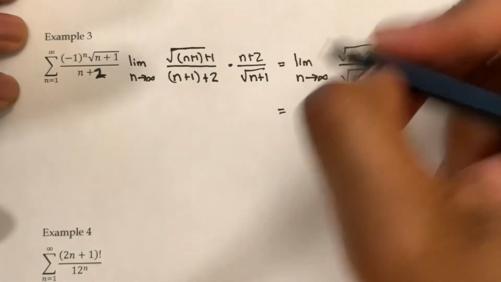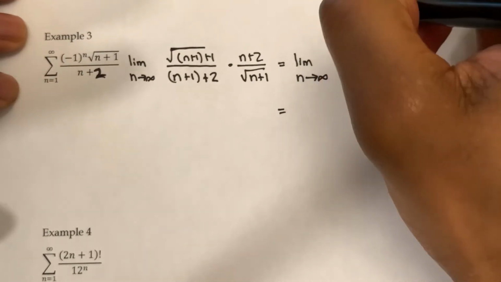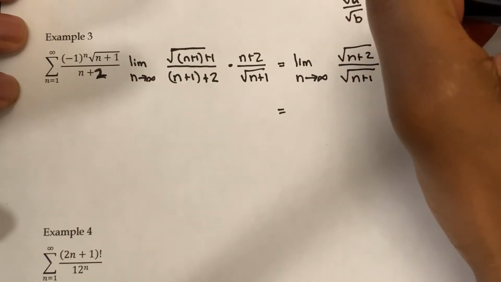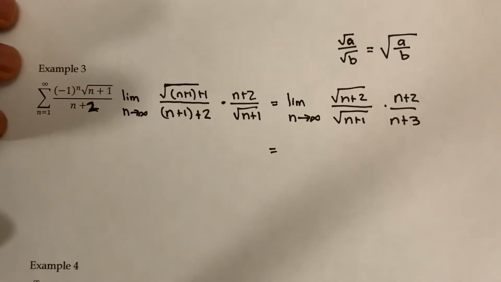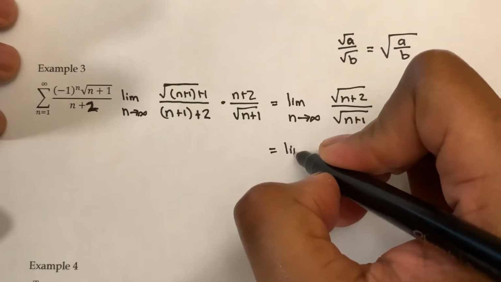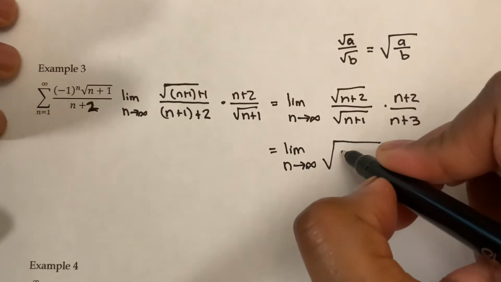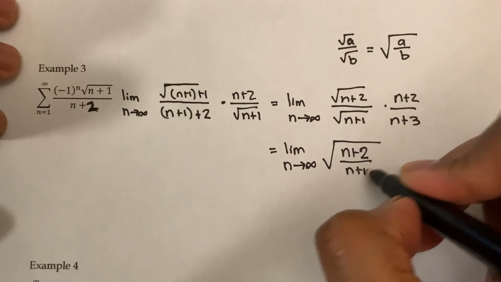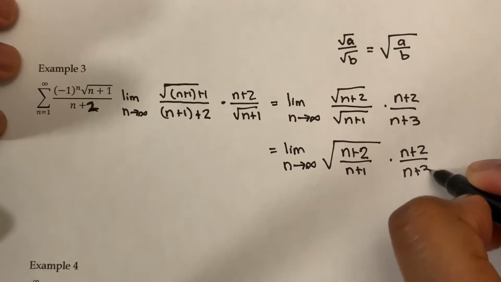Now, a property of square roots is, I'll show you up here, the square root of a divided by the square root of b is equal to the square root of a over b. You can divide the two things first and then take the square root. So what we get is the limit as n goes to infinity of the square root of n plus 2 over n plus 1 times n plus 2 over n plus 3.